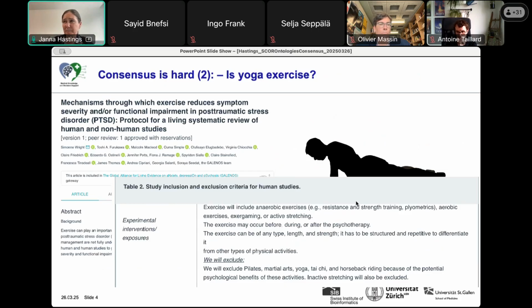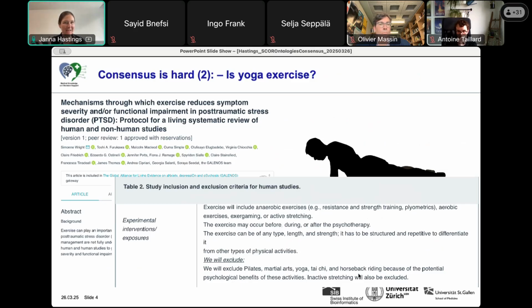Here you see the study inclusion and exclusion criteria for this particular study. Exercise will include anaerobic, resistance and strength training, aerobic exercises, exergaming, which sounds fun, active stretching, before, during, or after the psychotherapy, etc. Then the exclusion says we will exclude Pilates, martial arts, yoga, Tai Chi, and horseback riding.